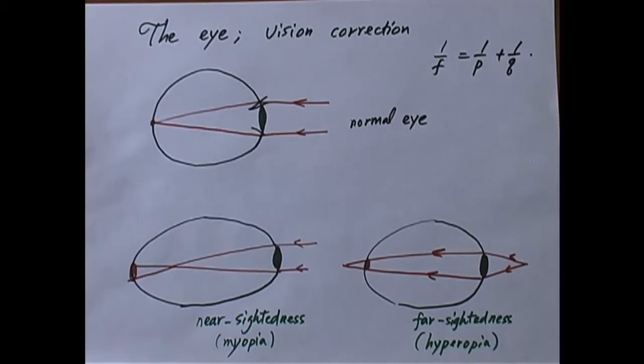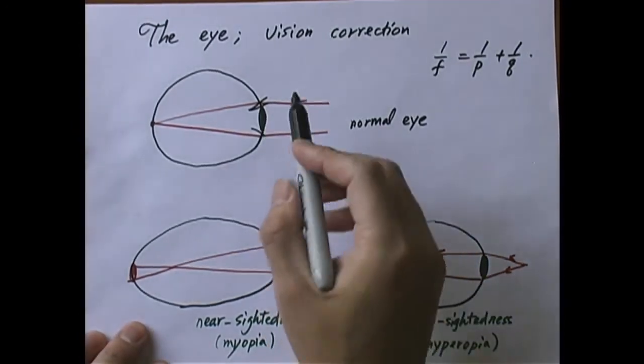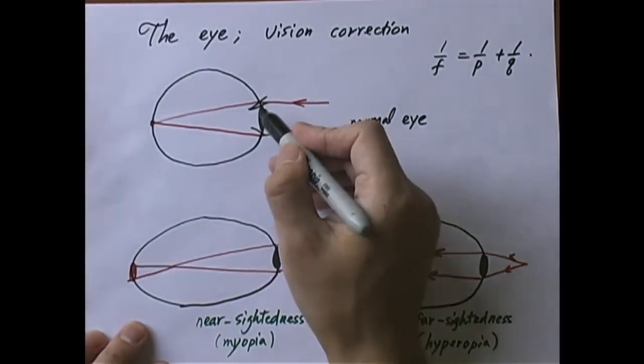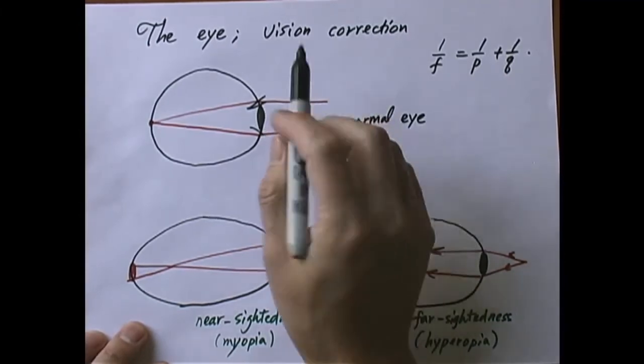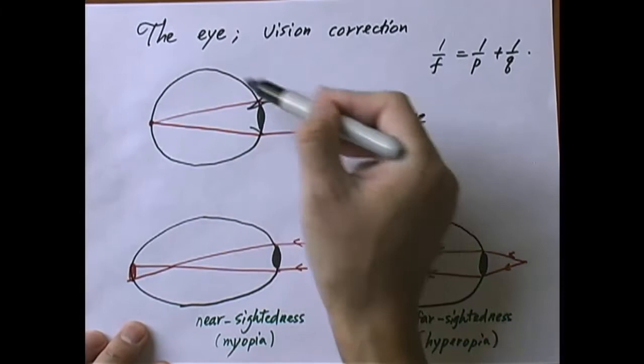As the last important topic of this chapter, let's look at the mechanism of the eye. Of course, this is only from a physicist's point of view, so there's no detailed discussion about physiology, just the simple physics side of the story. Our eye basically consists of two important parts. One is a lens, just a converging lens, and then this is the eyeball.